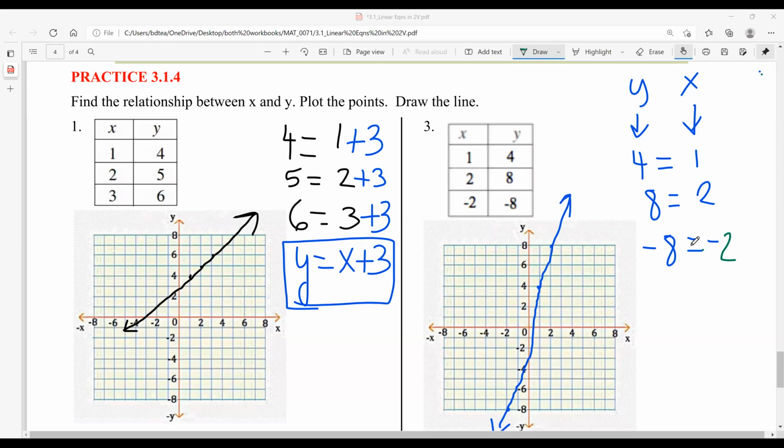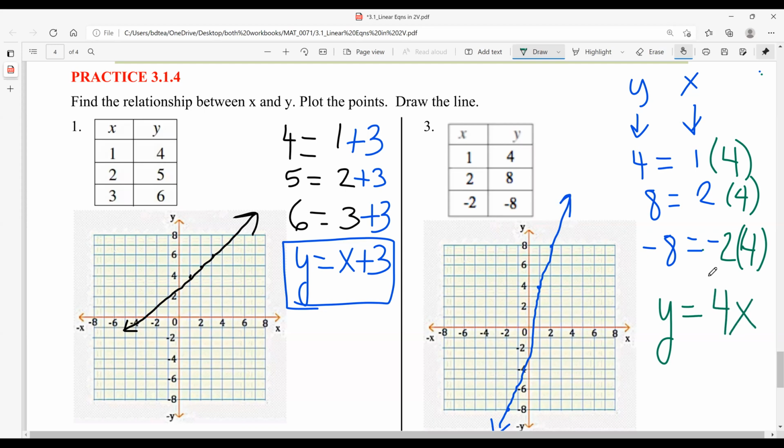You may notice that if you multiply 1 by 4, you get 4. If you multiply 2 by 4, you get 8. If you multiply negative 2 by 4, you get negative 8. So the linear equation that matches this line in ordered pairs is y = 4x.